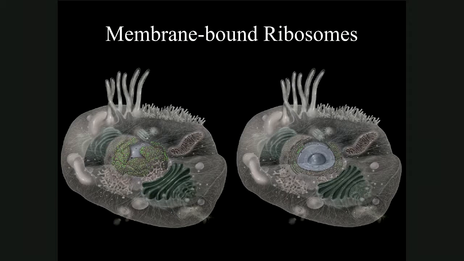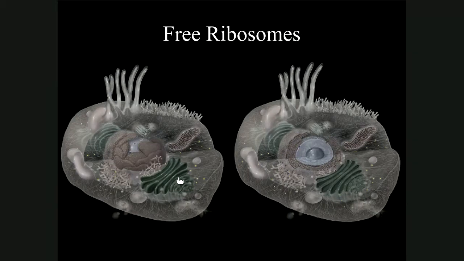The membrane-bound ribosomes are going to be bound to our rough endoplasmic reticulum. Our free ribosomes are going to float freely in the cytoplasm, the little green structures that you see in the cytoplasm. Both, whether they are bound or freely floating, are going to be the site of protein synthesis.